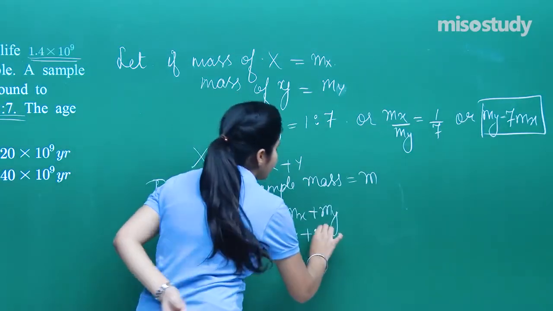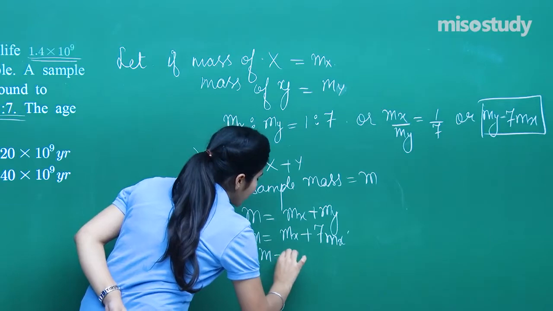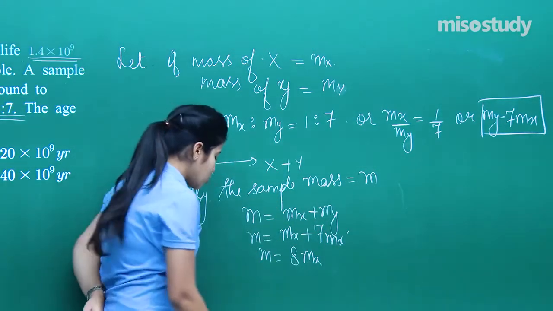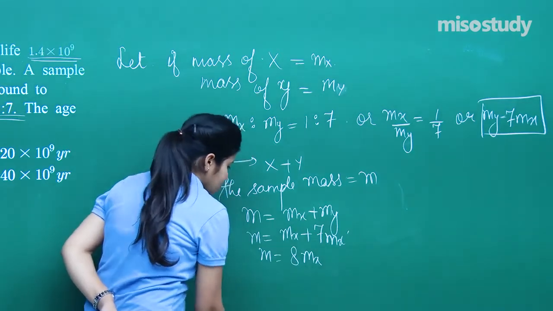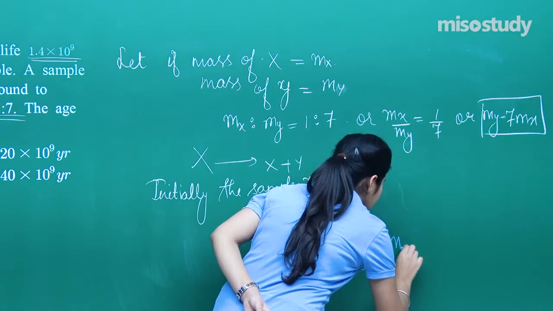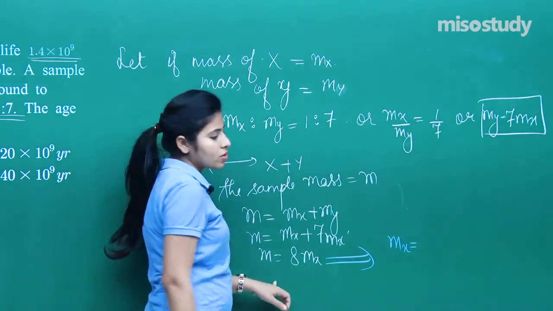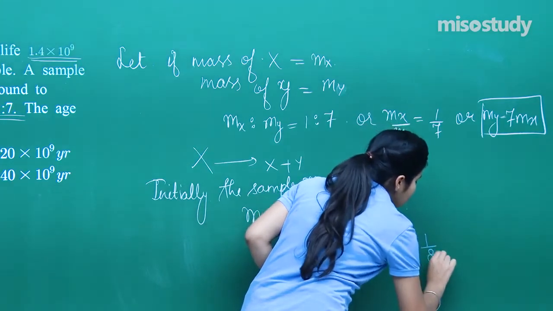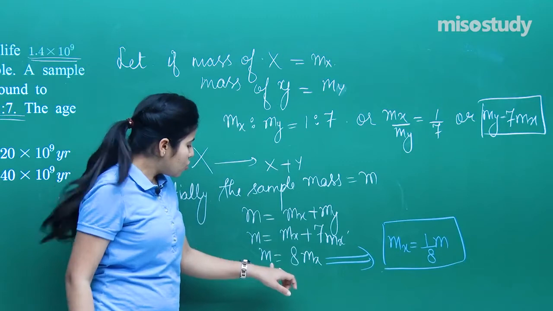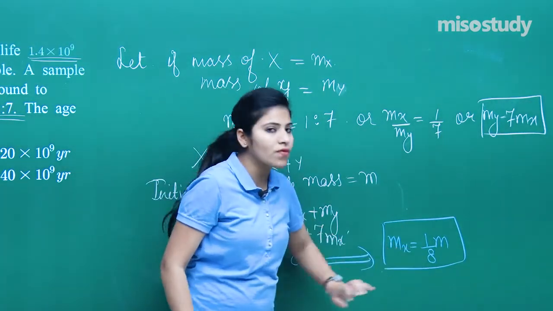My is 7mx. So that means your total M is equals to 8mx. So now what you can see here, your mx has come out to be M upon 8, or you can say 1/8 of M, isn't it? That means 1 by 8 of M.